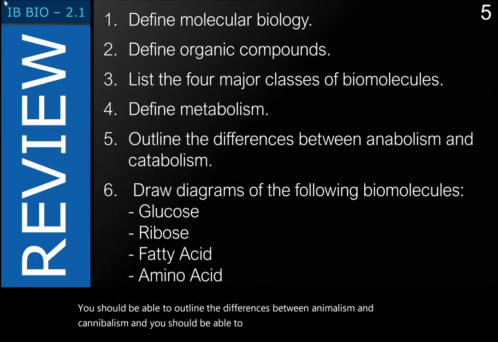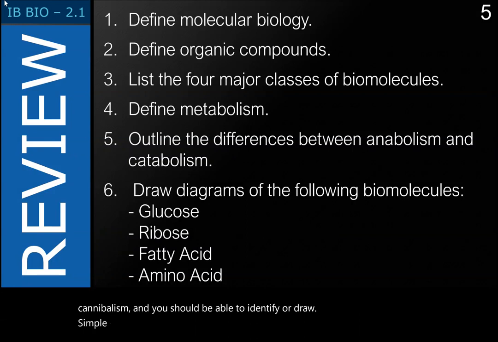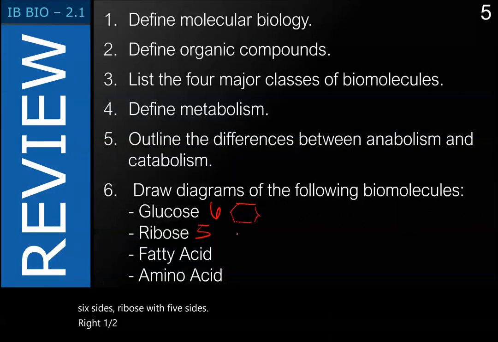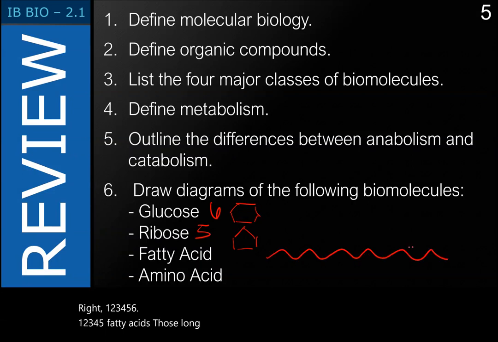draw simple diagrams of a couple of different basic organic molecules, like glucose with 6 sides, ribose with 5 sides, right? 1, 2, 3, 4, 5, 6. 1, 2, 3, 4, 5. Fatty acids, those long chains, right?